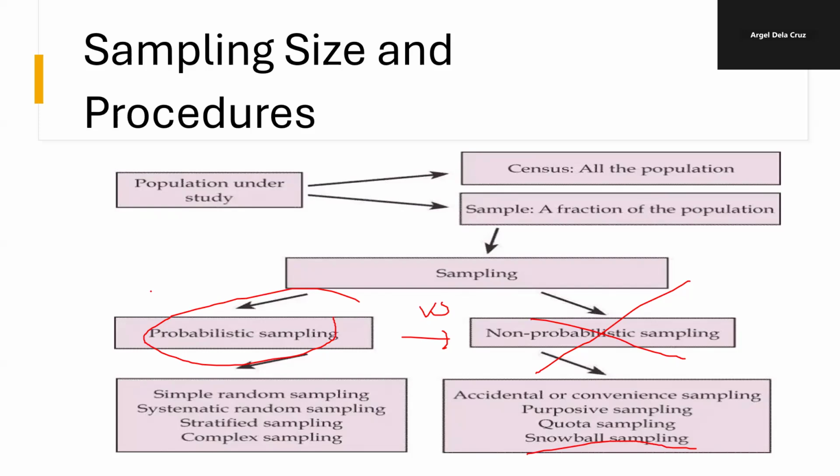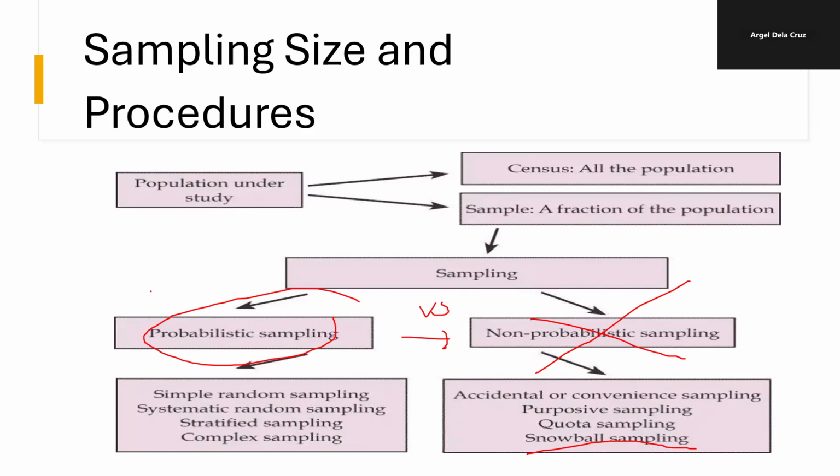That is what we are fighting for here. Remember our example earlier that our sample mean represents the general idea, or the will or the behavior of the research population. If you are non-probabilistic, there may be bias.